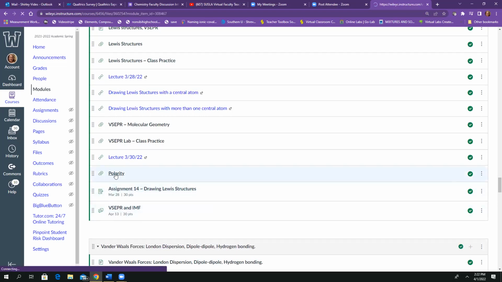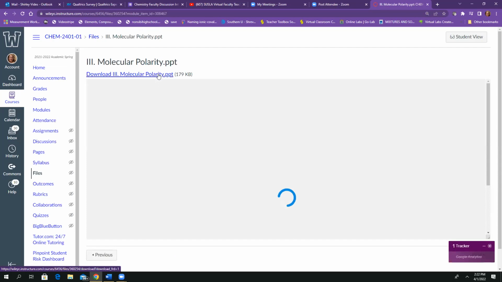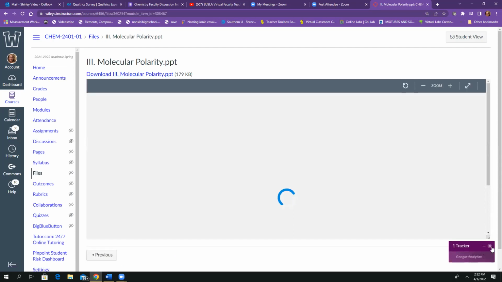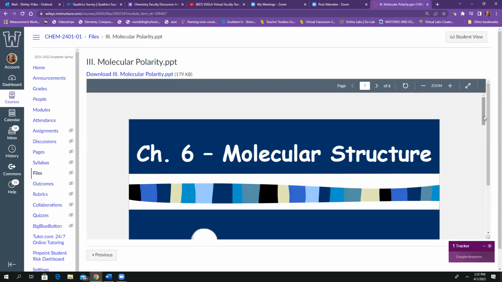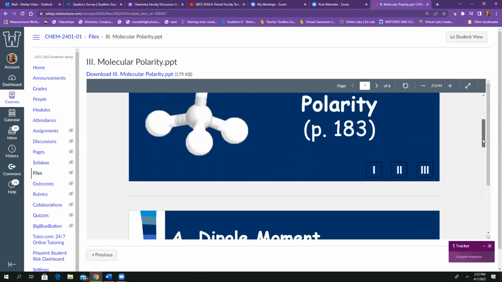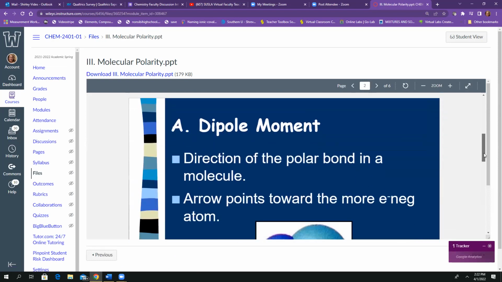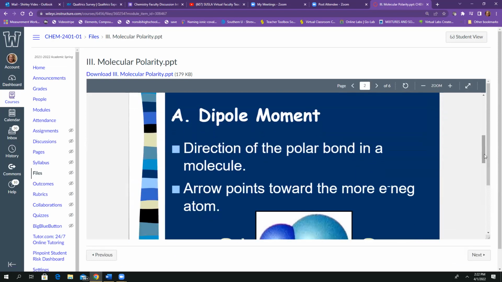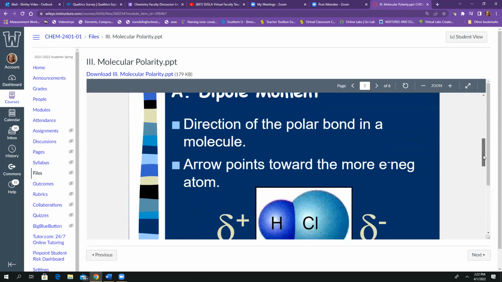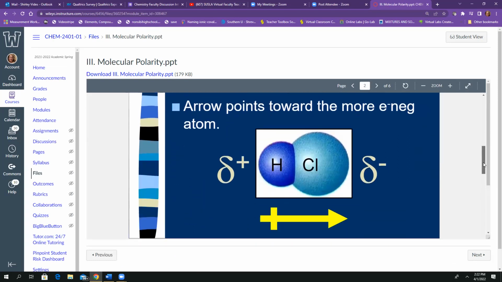It's very simple. Polarity is a way to look at the partial charges in a covalent molecule. So a dipole moment is an imbalance in those charges that is produced by a difference, usually in the electronegativity of the atoms involved.